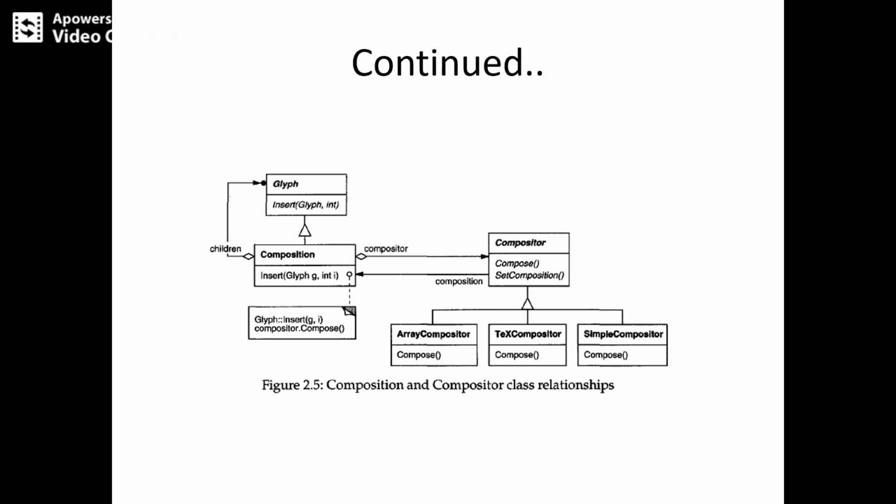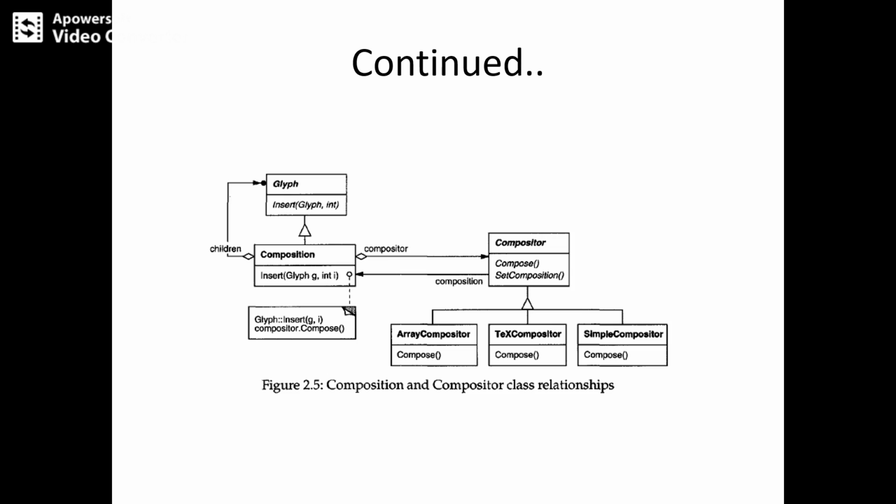For example, a simple compositor might do a quick pass without regard to such a thing as document color, which means the distribution of text and spaces.